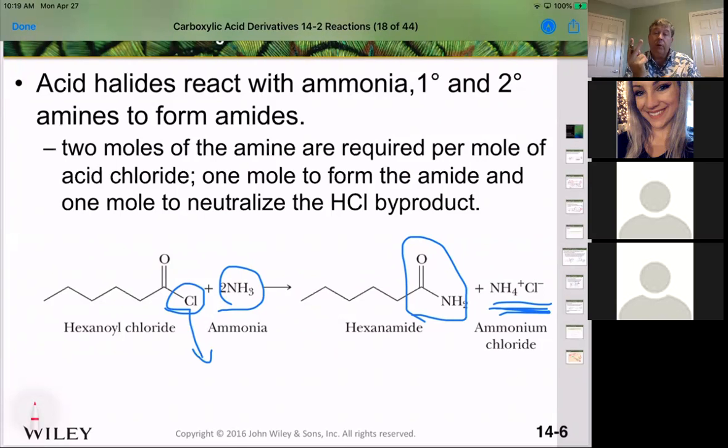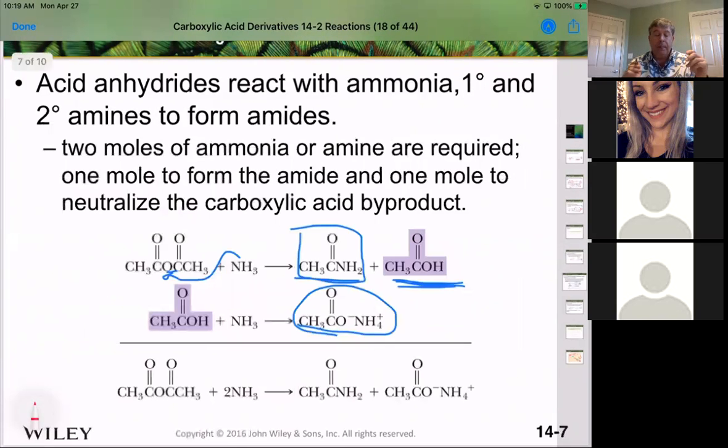We have to have 2 equivalents of that amine to neutralize that acid. In the anhydride, we do the exact same thing. We have to have 2 equivalents, one to make the amide and one to act as a salt with the carboxylic acid, okay?